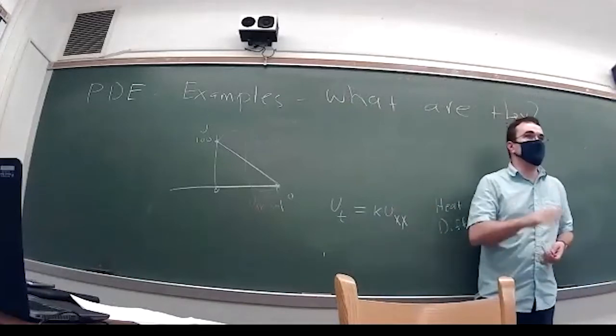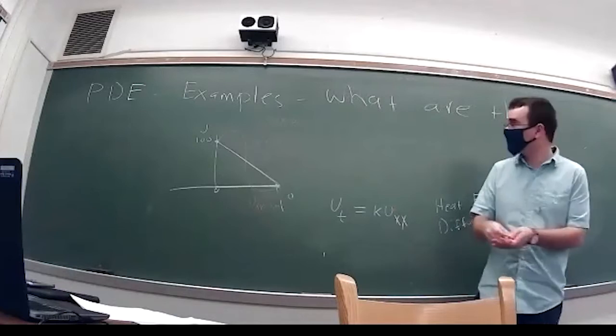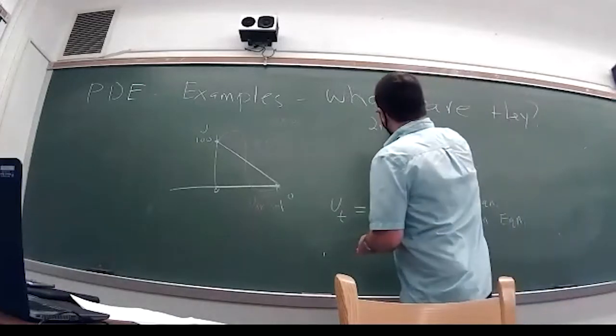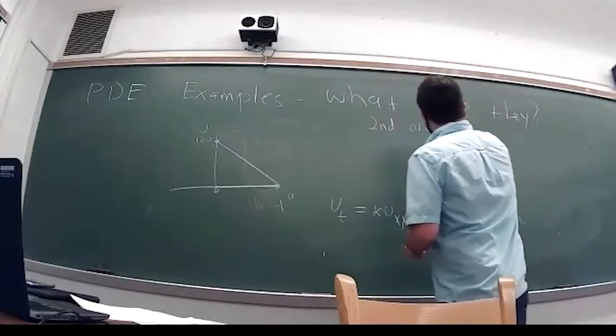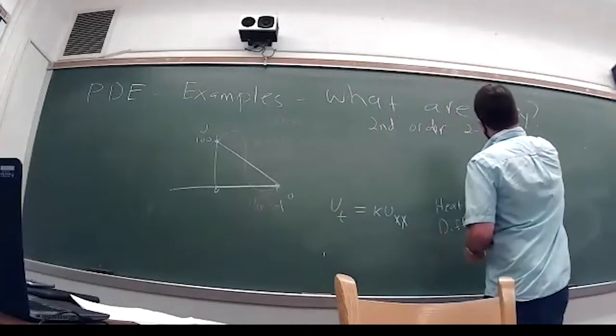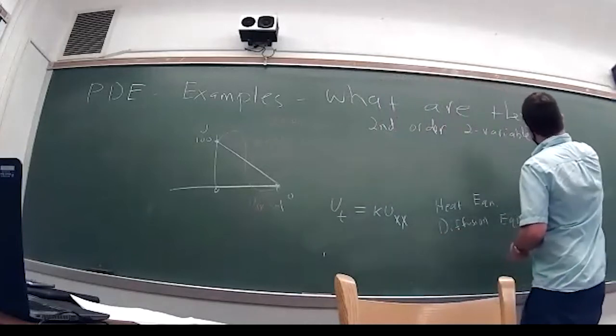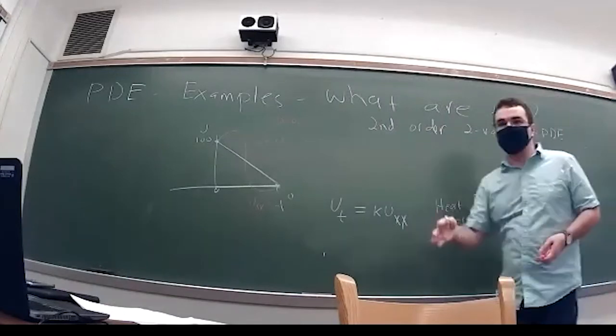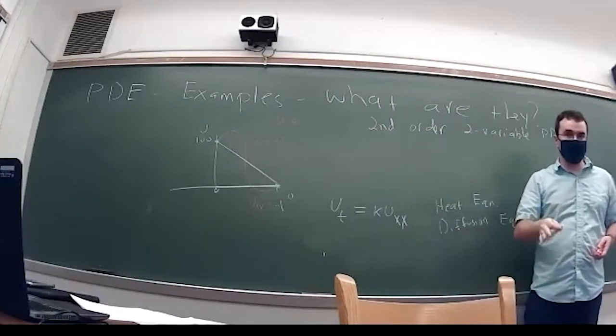Generally speaking, here's the form of a PDE. The general form of a second order two variable PDE has to look like this.